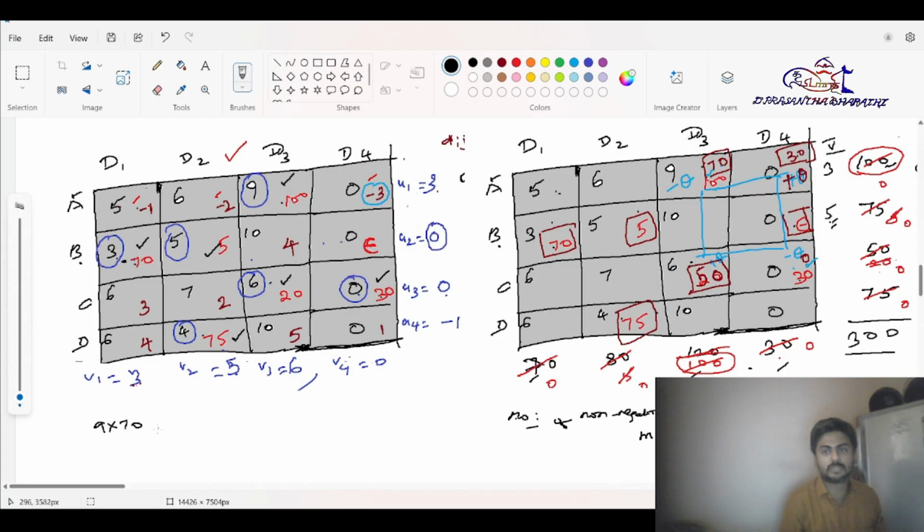It is 9 into 70 plus 0 into 30 plus 3 into 70 plus 5 into 5 plus 0 into epsilon plus 6 into 50 plus 4 into 75.